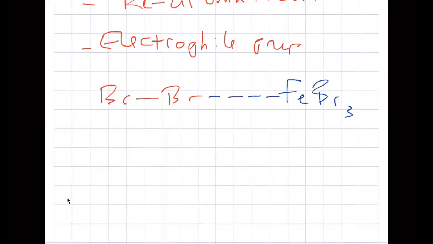And so what happens is, of course, even though these two are the same atom, you're going to create a little bit of a dipole this way, right? Because the iron is going to be pulling the electron density towards itself. So one of the bromines is going to become partially positive, the other one partially negative, even if it's only a small change in their polarity, right? So now that is ready to react with the ring.